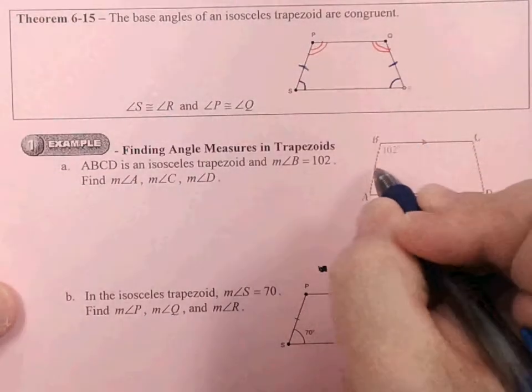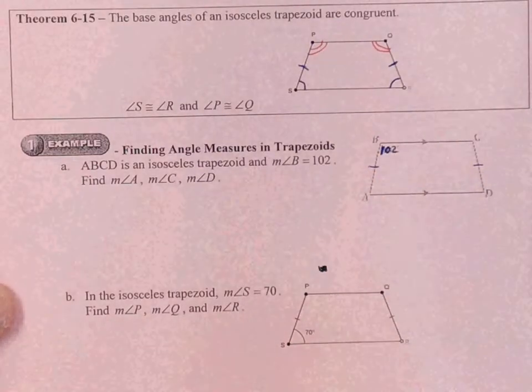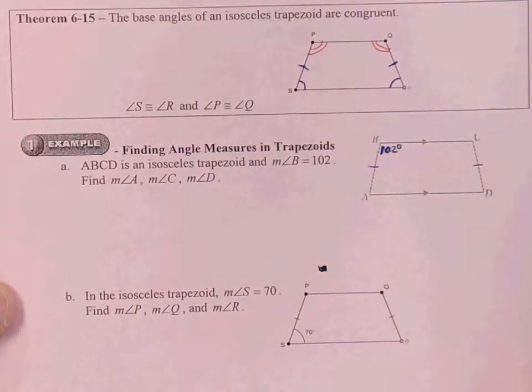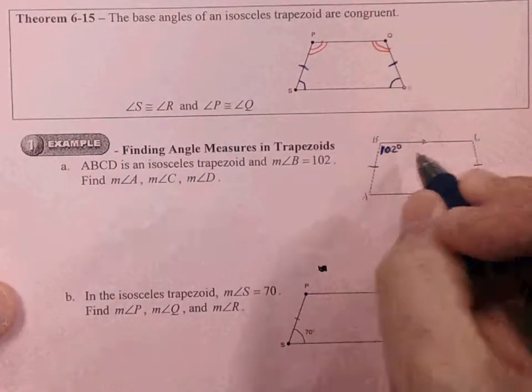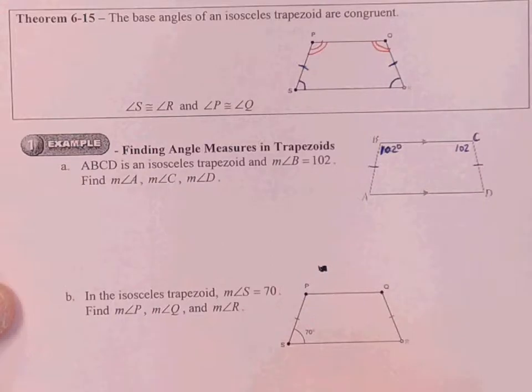Within this isosceles trapezoid, angle B is 102 degrees. So if that's 102 degrees, you should know then the other base angle, angle C, is going to be 102 degrees.